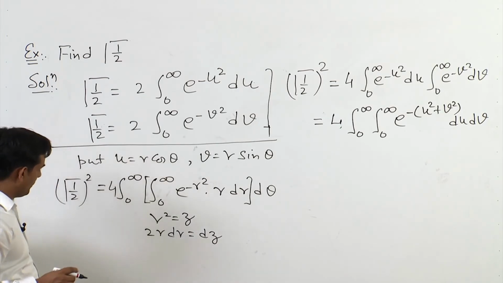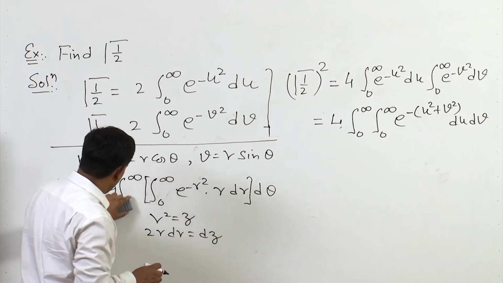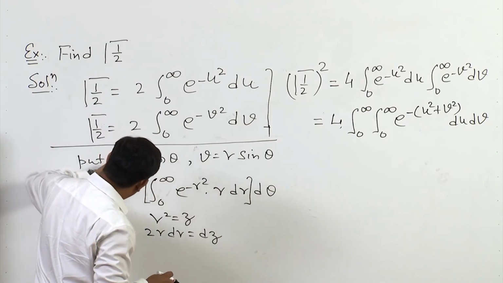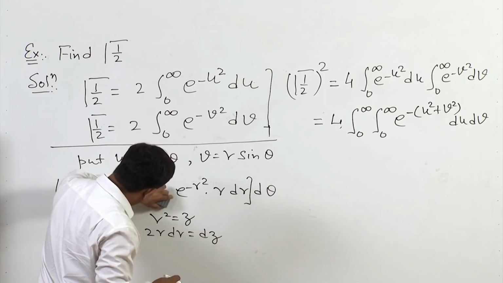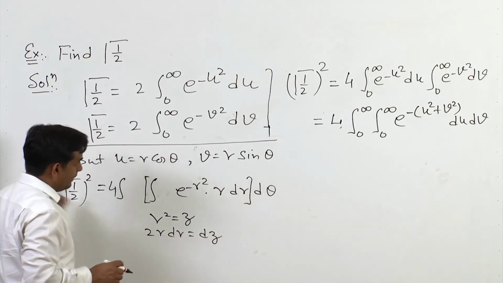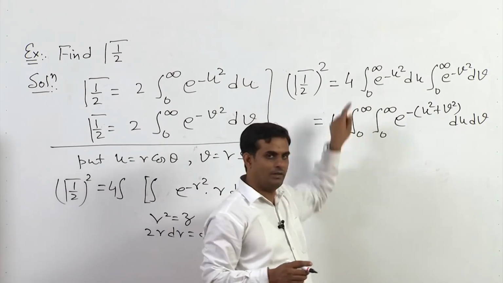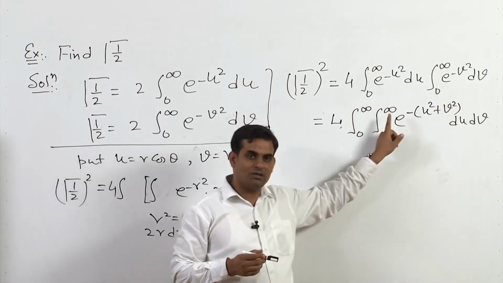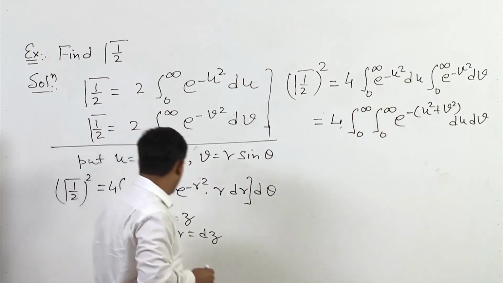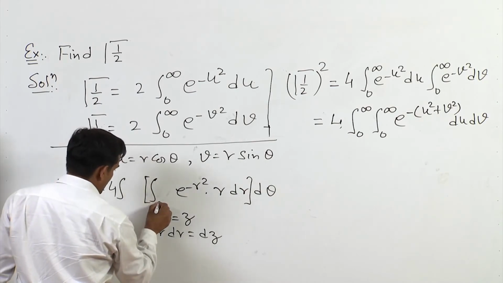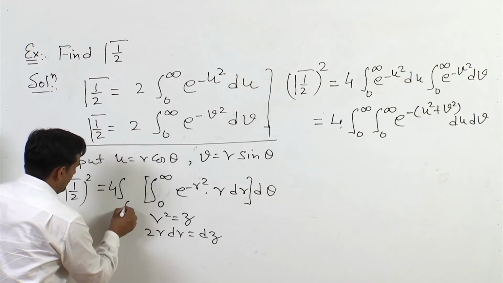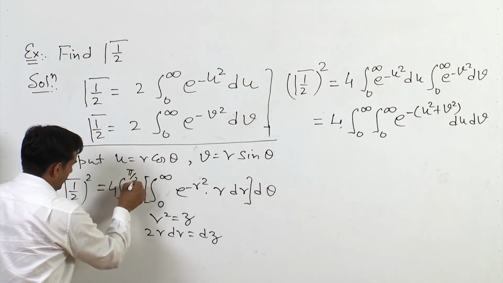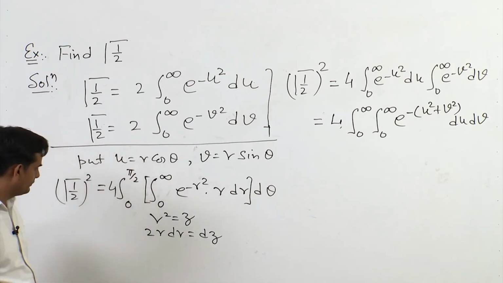And sorry, after putting this, the limits will change, the limits will now be according to polar coordinates. So, as you know it is 0 to infinity and 0 to infinity, so the region is the first quadrant. First quadrant means r will move from 0 to infinity and theta will be 0 to pi by 2.